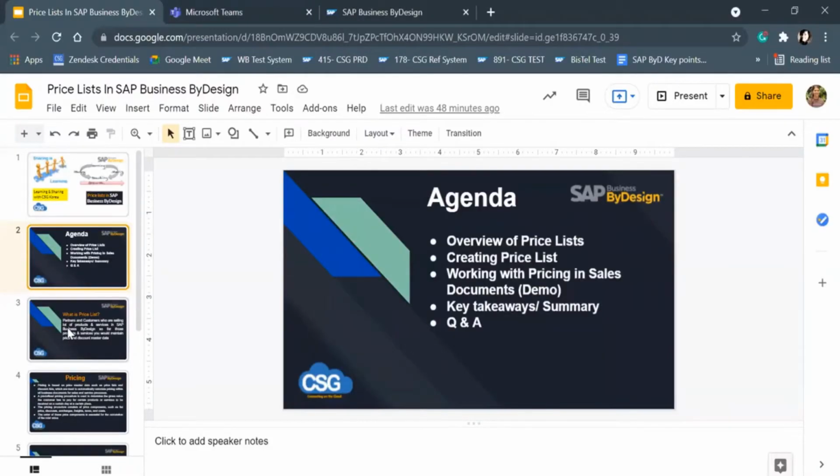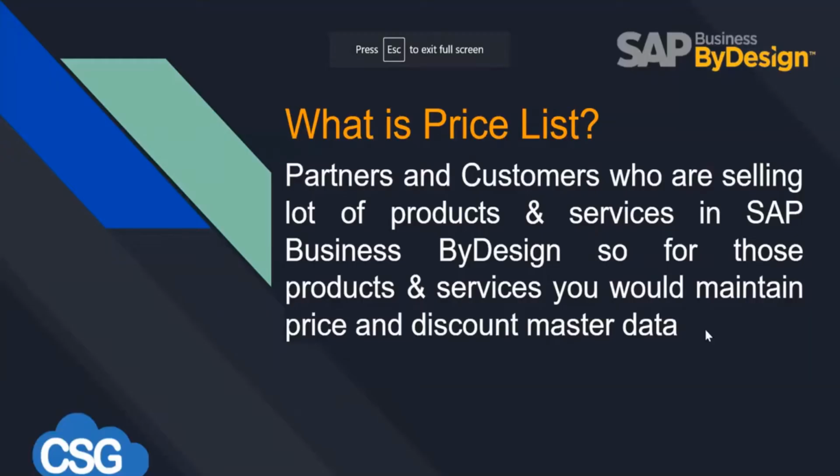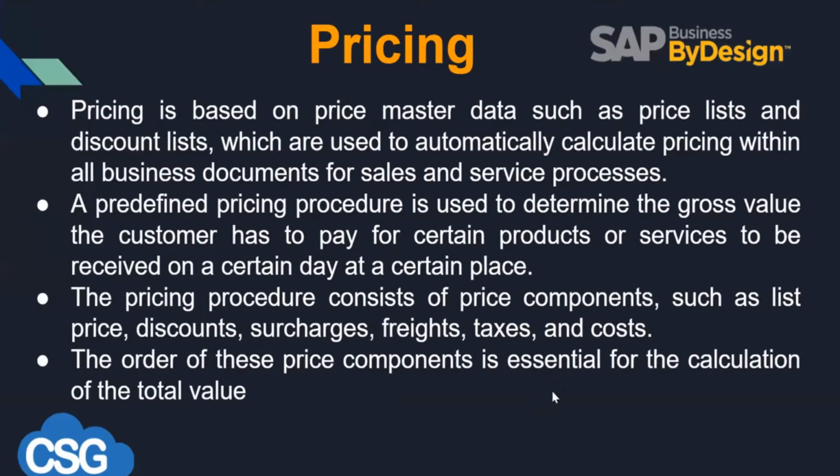So before that, I'll tell you what is the price list. Partners and customers who are selling a lot of products and services in SAP Business by Design need to maintain the price and discount master data in the system for those products and services. What is pricing? Pricing is based on price master data such as price list and discount list, which are used to automatically calculate pricing within all business documents for sales and service processes.